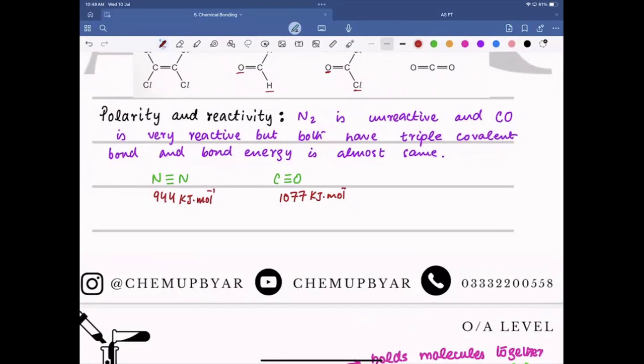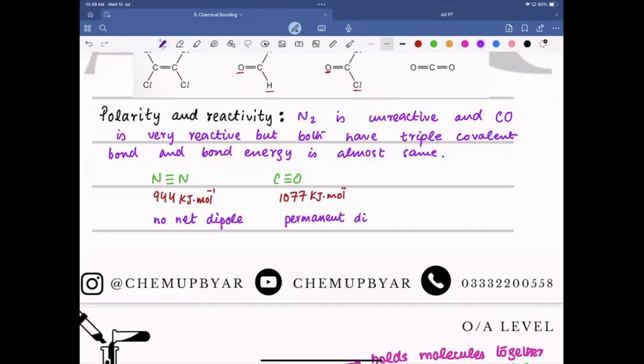Very good. See, now you start thinking. So the reason is that nitrogen has no net dipole, isn't it? Yes, sir. And CO has a dipole: one side is negative, one side is positive.